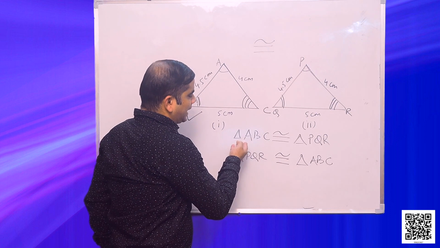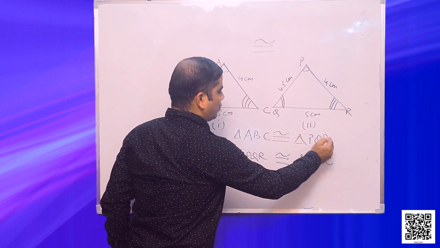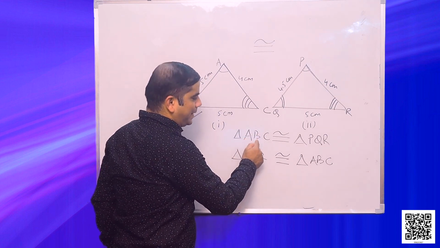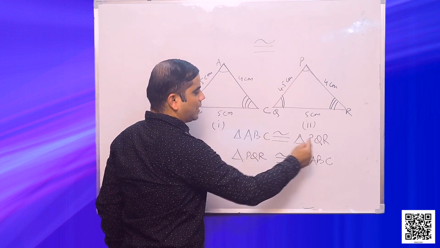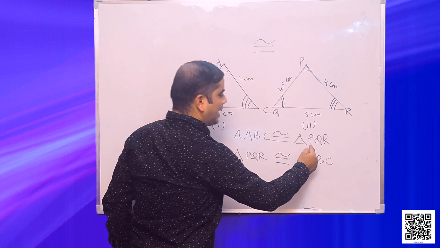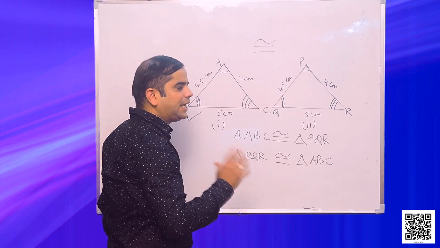We can clearly see that ABC and PQR are congruent to each other. That means side AB is congruent to side PQ, side BC is congruent to side QR and side AC is congruent to side PR. That means they are exactly equal to each other.